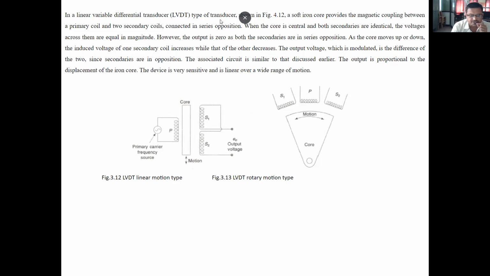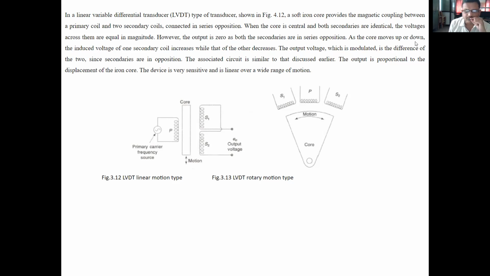I will just read it. A soft iron core provides the magnetic coupling between a primary coil and two secondary coils connected in series opposition. When the core is central and both secondaries are identical, S1, S2, the voltages across them are equal in magnitude. However, the output is zero as both the secondaries are in series opposition.